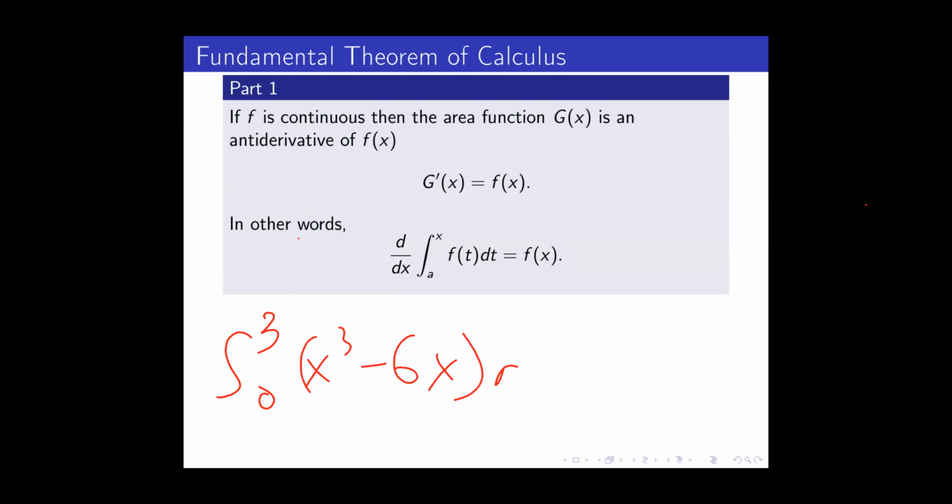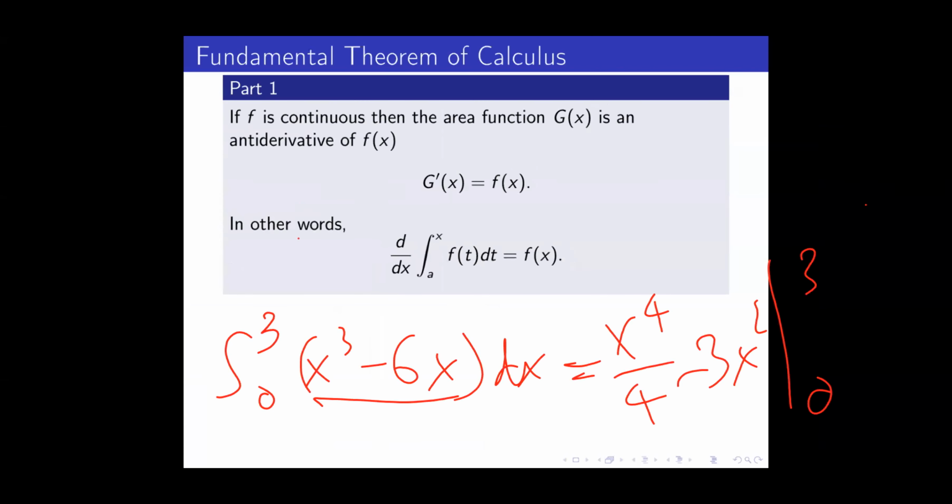If you want to compute this, you only need to compute the antiderivative of this function, and we know from the table of antiderivatives, this is x to the 4 over 4 minus 3x squared. Or you can add any constant, but then when you evaluate from 0 to 3, that constant cancels, and then you get minus 27/4. We did this earlier using Riemann sums, but now if you know this theorem, you can apply it, and it's much quicker to evaluate integrals.